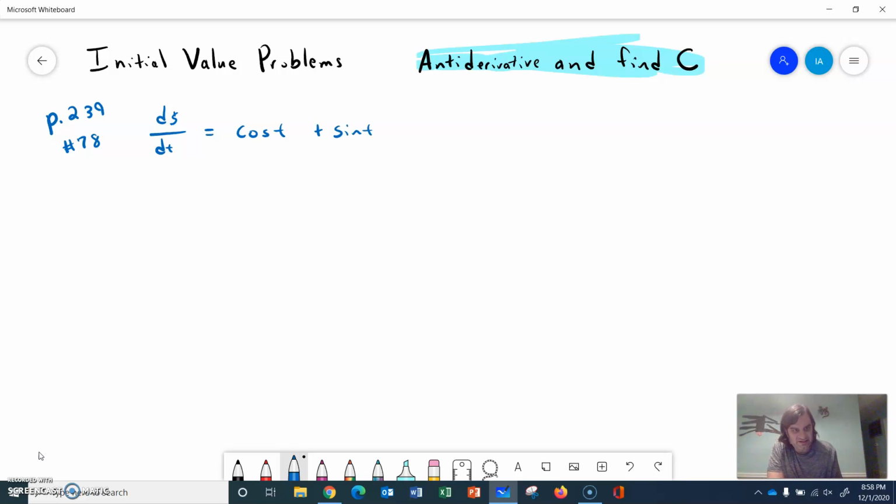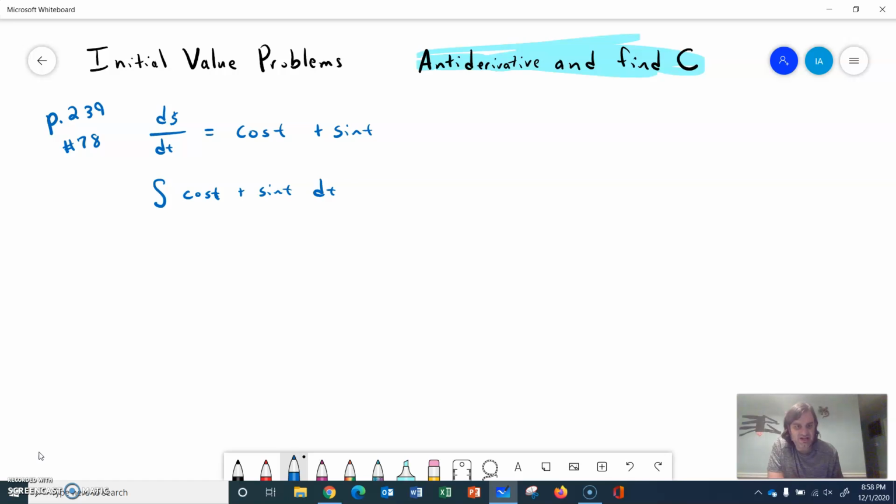So they're giving us a derivative here. ds dt is the same thing as s prime. So more or less, we can rewrite this as the integral of cosine of t plus sine of t dt, if we want to integrate it.